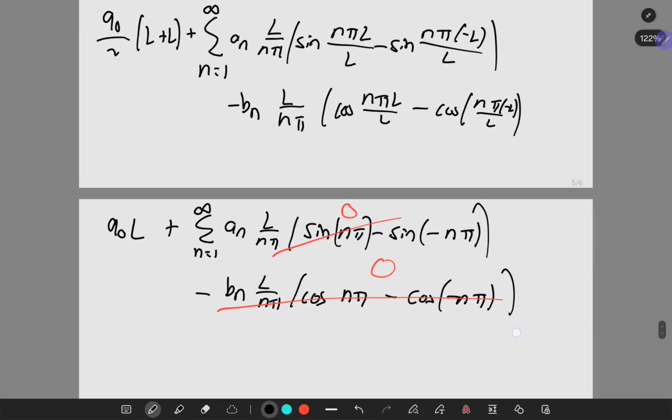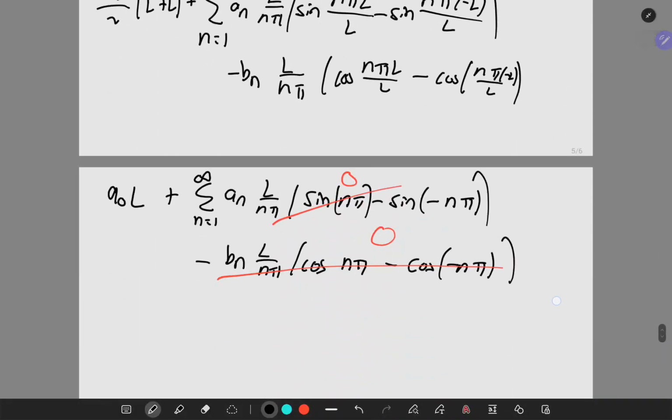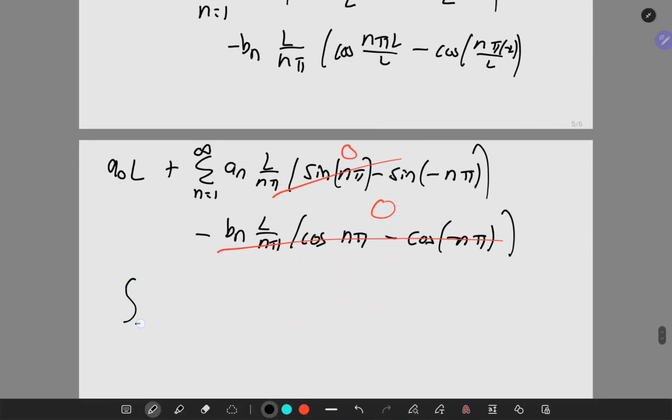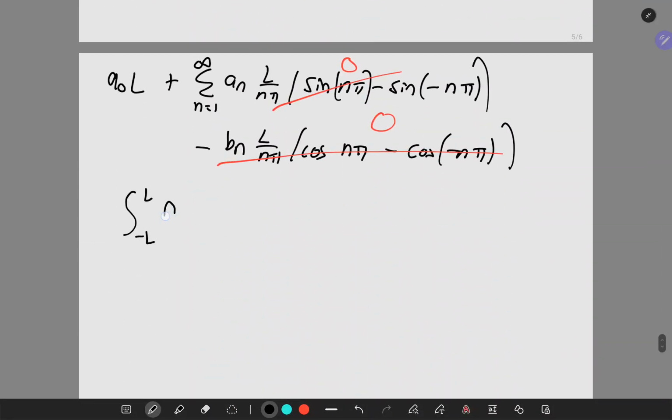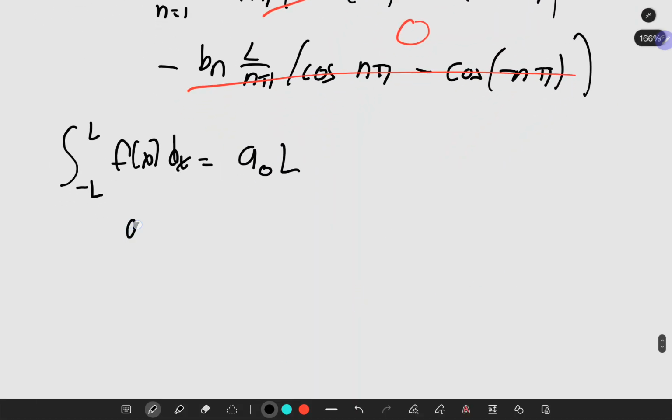But anyway, all that we're left with is our integral of f of x dx equals a naught L. So now just solve for a naught: a naught is equal to 1 over L times the integral from negative L to L of f of x dx.